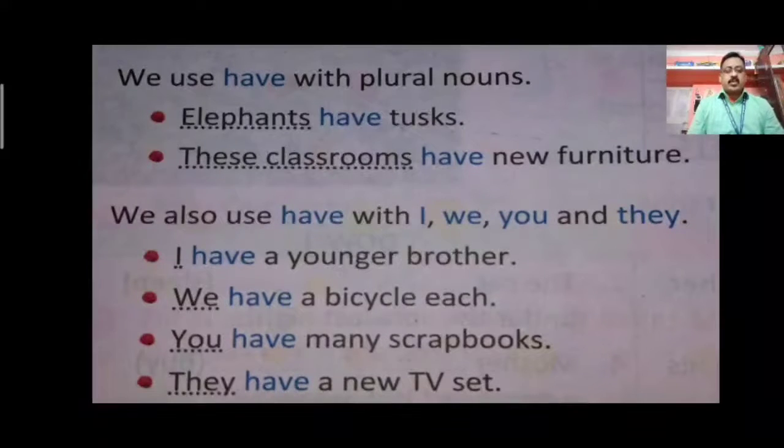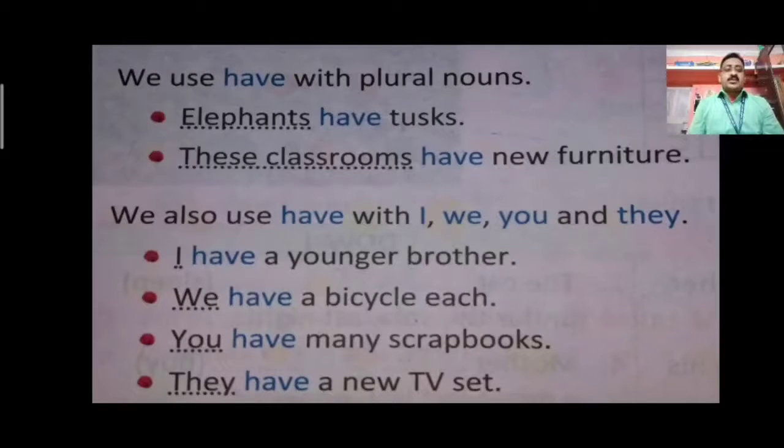Elephants means more than one elephant. These classrooms have new furniture. Here also, classrooms, more than one classroom we are talking about. So these elephants and classrooms are nouns which are in plural form. So in both cases we are using have.